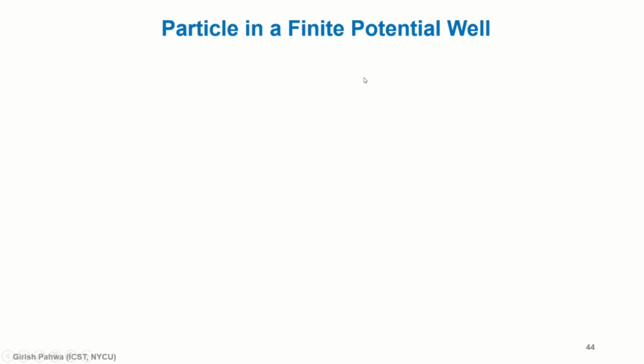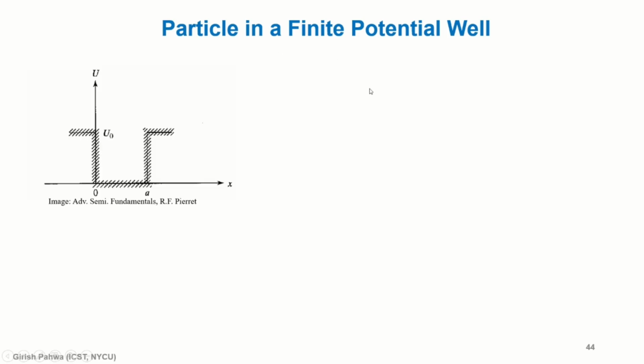What I mean by a finite potential well is a well something like this. Say I have a potential energy U. We were calling that V, so let's call that U, it doesn't matter, it's just a variable.